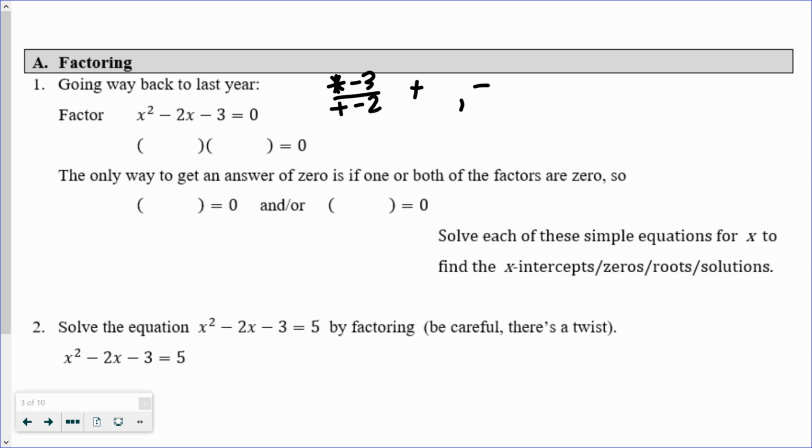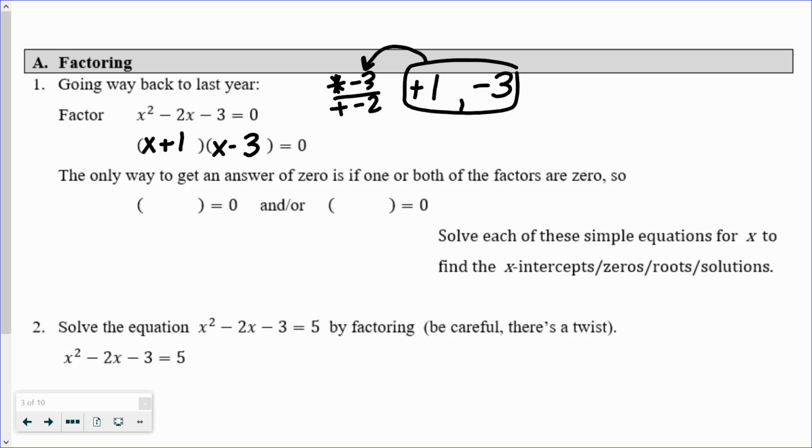Since it adds to a negative number, my higher number needs to be the negative. My factors of 3 are only 3 and 1, so it needs to be -3 and +1. Those multiply to -3 and add to -2. So my factored form of this trinomial is x plus 1 and x minus 3.